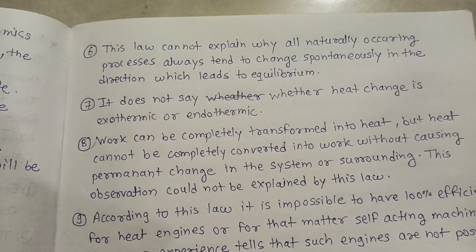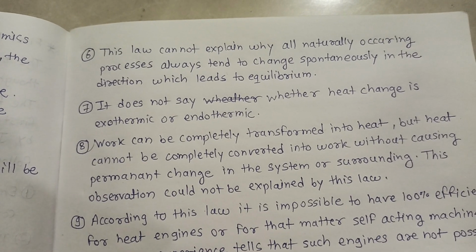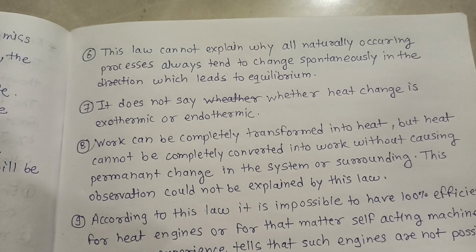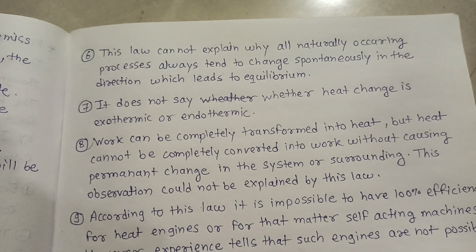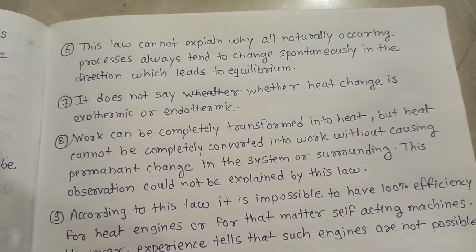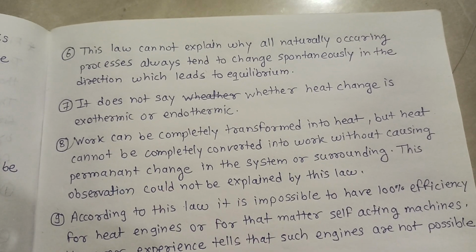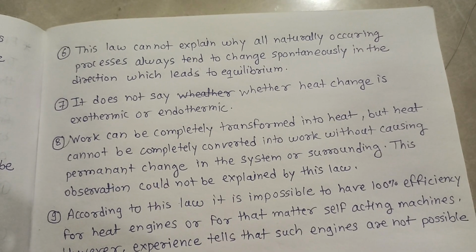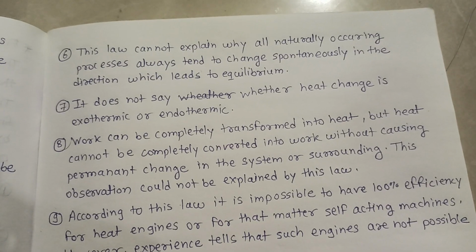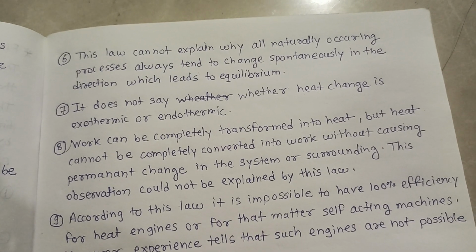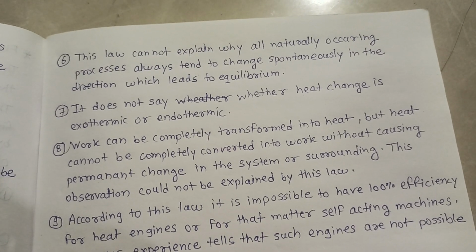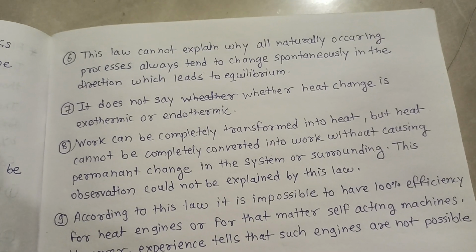It does not say whether a heat change is exothermic or endothermic. Work can be completely transformed into heat, but heat cannot be completely converted into work without causing permanent change in the system or surroundings. This observation could not be explained by this law.